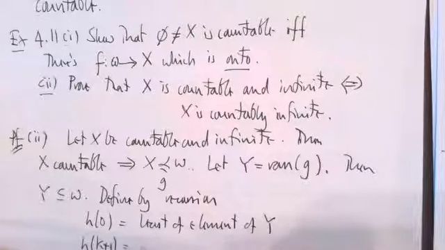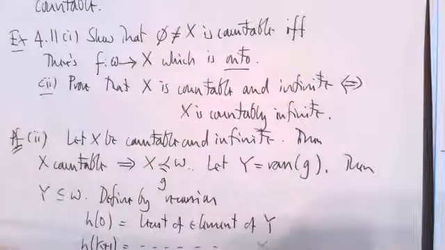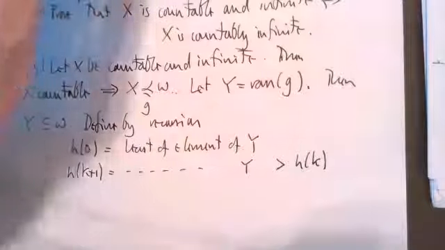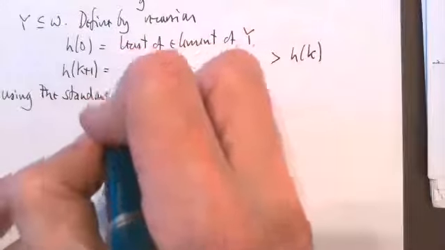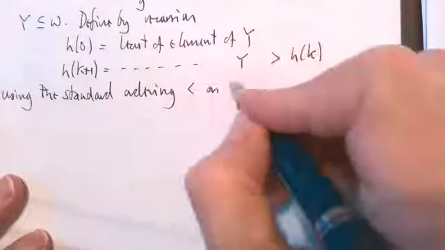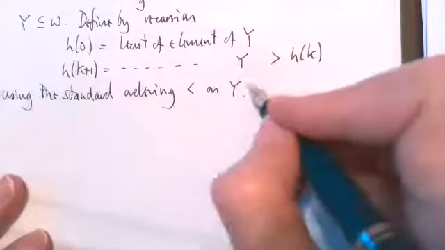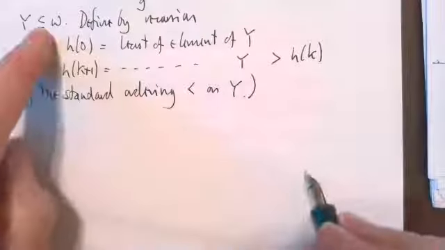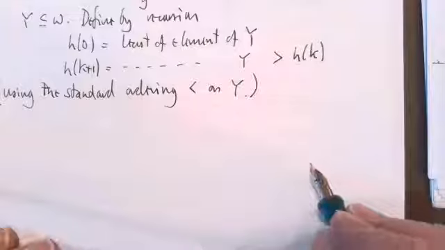And H of k plus 1 is the least element of Y which is bigger than H of k, using the standard ordering. I'm just treating Y as a set of natural numbers.